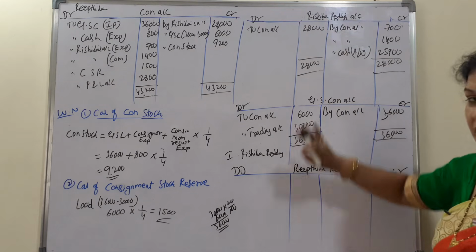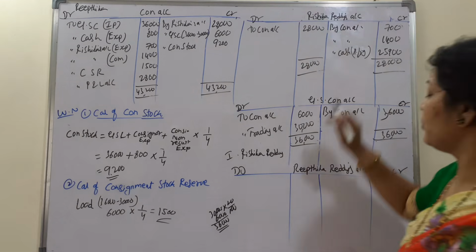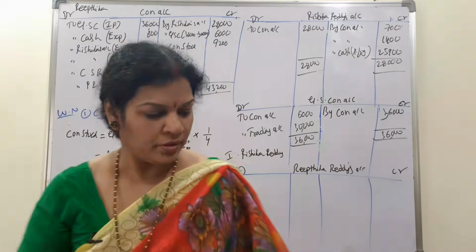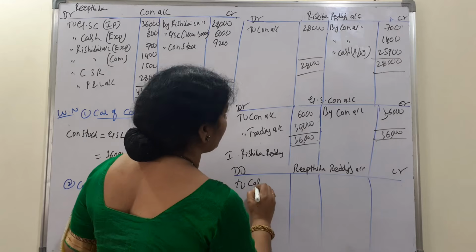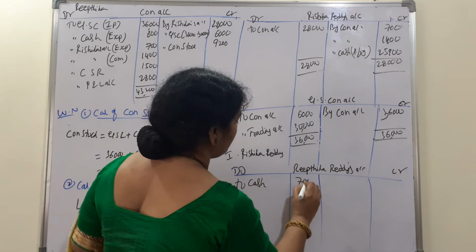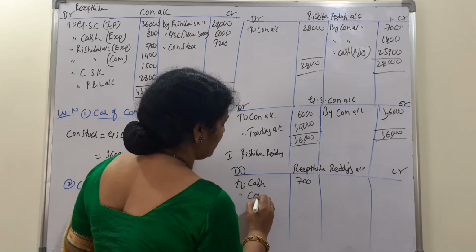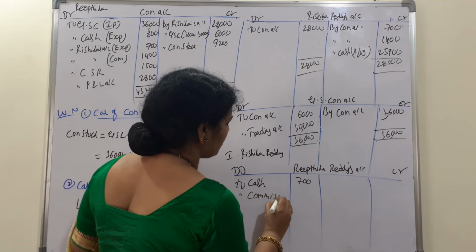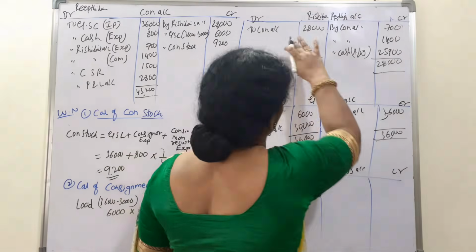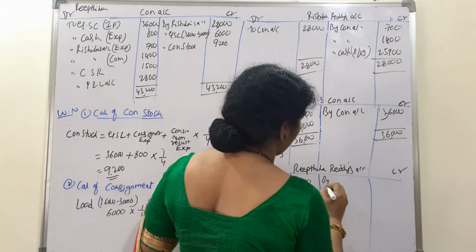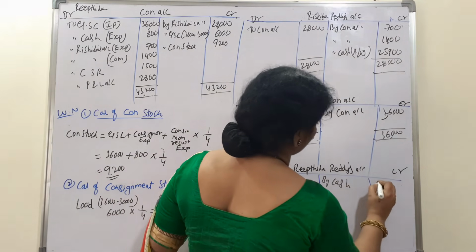In the books of Rishika Reddy, you know it very well anyway, as it is, debit to credit you'll get. So one thing is that to cash 700, commission, we will write it as commission only. The rest of the things are all cash only. 1,400, and here this is also by cash, 28,000.